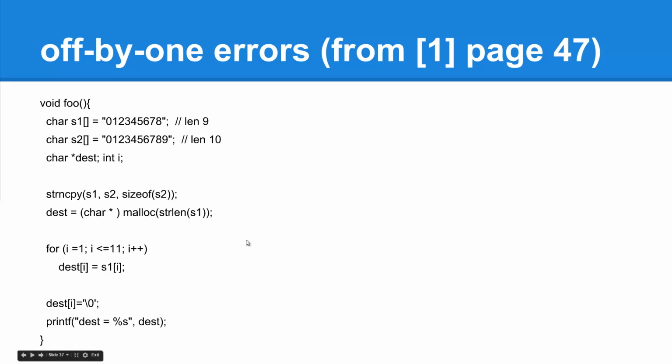But I digress. So this code just demonstrates a very basic problem here. This for loop is going to a hard-coded upper limit and is copying from S1, which is only 9 characters long. So this goes over by 1, copying into dest. It will copy the null terminating character and then 1 past it into the memory space of the destination.